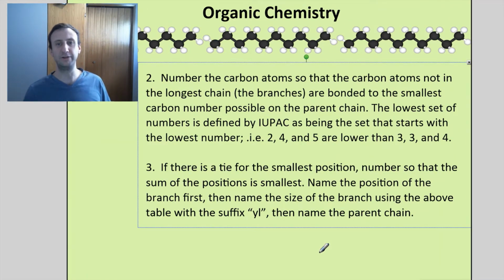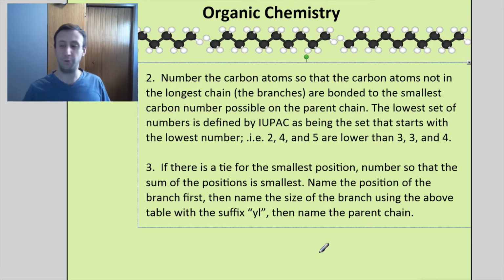Now, the next thing you're going to do is number your parent chain from 1 to whatever the highest number is for the parent chain. You number it in such a way that you reach the branches as quickly as possible. In other words, on the lowest number as you possibly can. If you have a tie for the first branch that you reach, then you need to look at which total for all of the branches would end up being lowest.